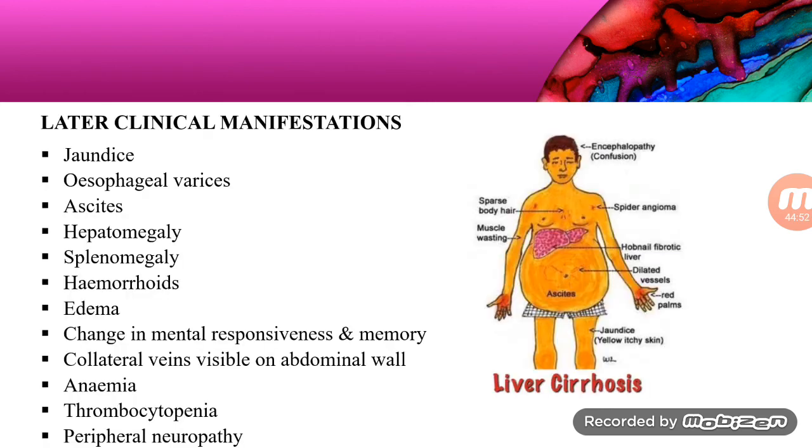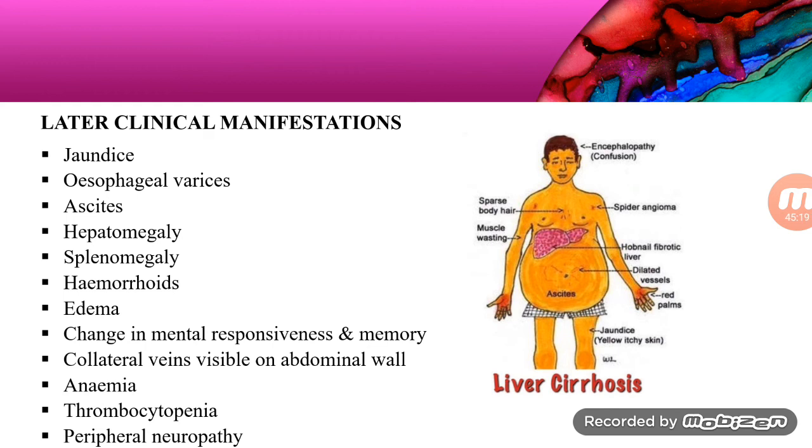Then later clinical manifestations. Most of these I have already mentioned before, system-wise, but still let us remind once again. Later clinical manifestations are the manifestations you can see in severe cases of liver cirrhosis.